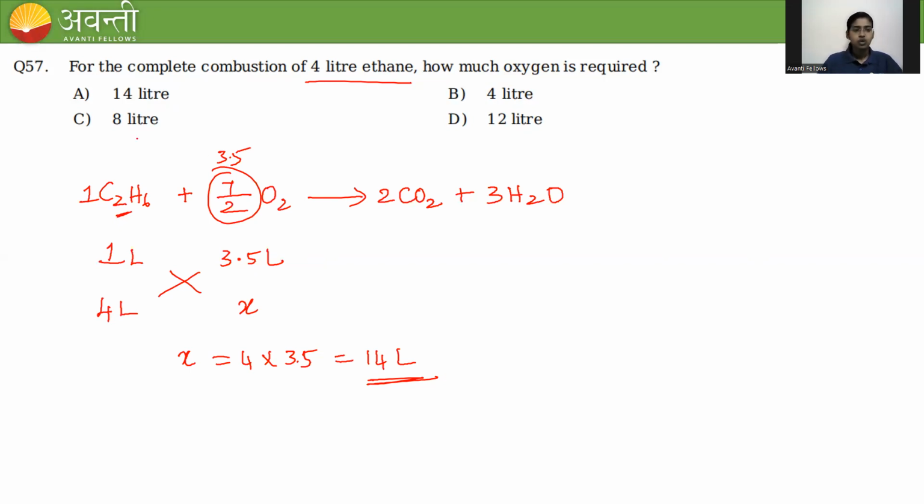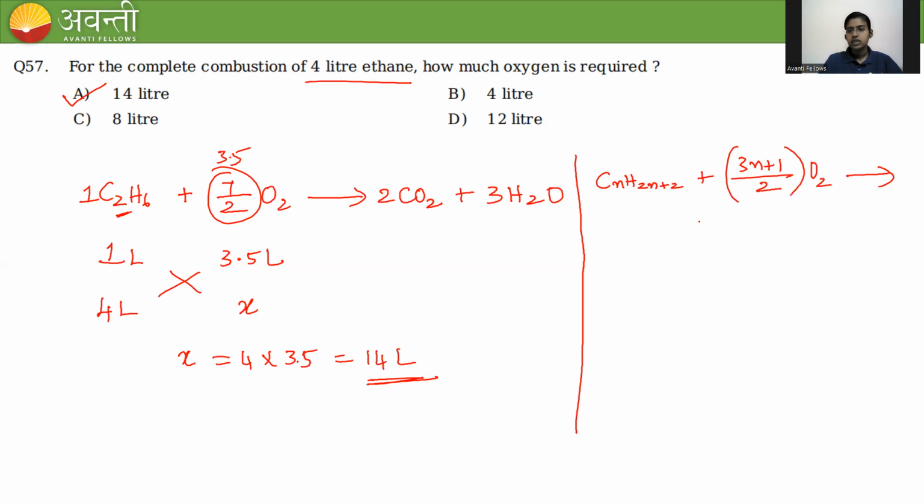Okay, so option A is the correct answer for this. Clear? The general formula for complete combustion is CnH2n+2 plus (3n+1)/2 moles of oxygen will give n moles of carbon dioxide plus n+1 moles of water. So using this formula, we can get the balanced chemical equation for the complete combustion of any alkane.